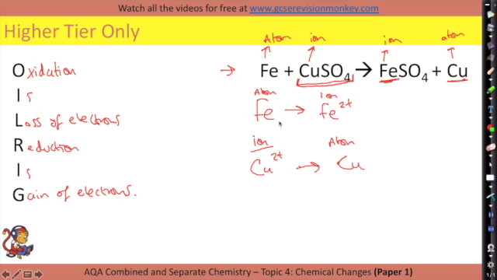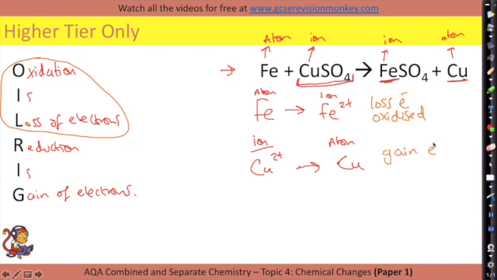So in this case, the iron atom would have lost electrons, and therefore that would have been oxidised, because oxidation is the loss of electrons, and the copper would have gained electrons to turn back into a copper atom, and therefore the copper would have been reduced.